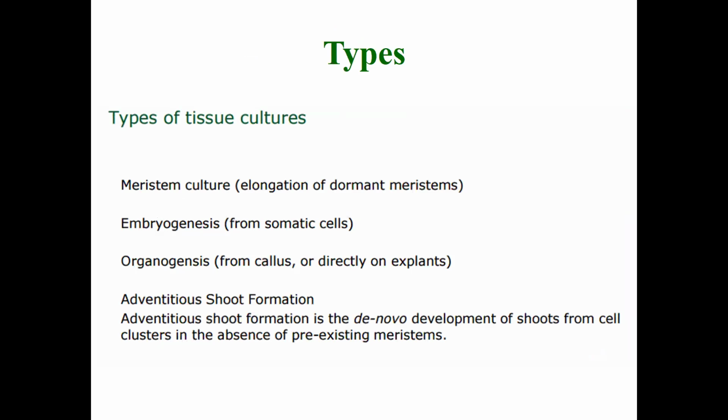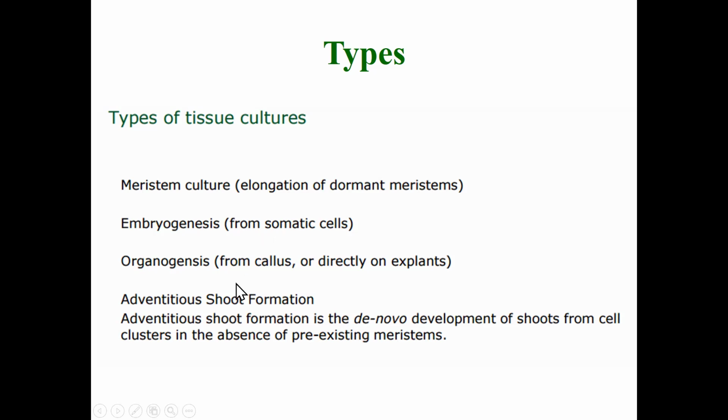So, types of tissue culture. There are several types of tissue culture. One is meristem culture, depending on the explant. Meristem means cells with potential for division, especially buds, elongation of dormant meristems, and embryogenesis from somatic cells. Somatic cells means cells in the organ, and organogenesis from callus directly on the explant.